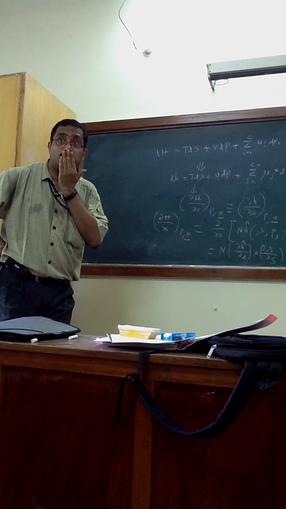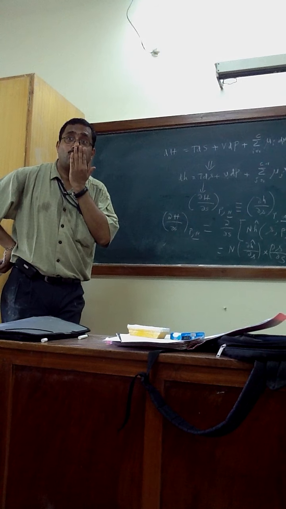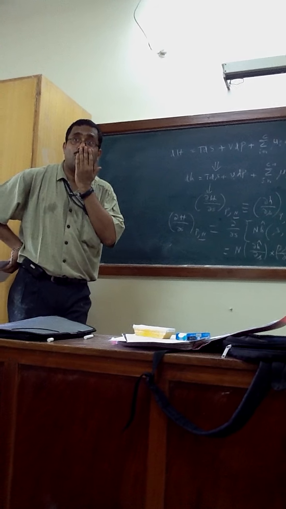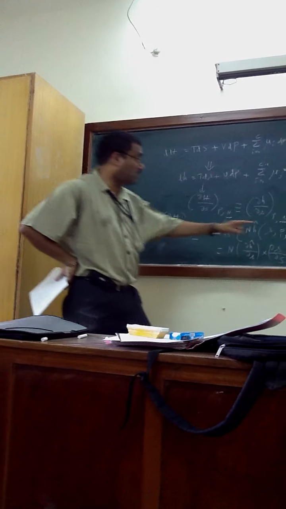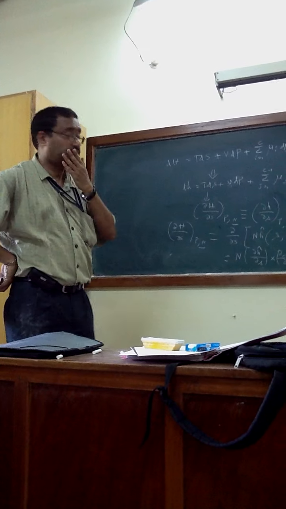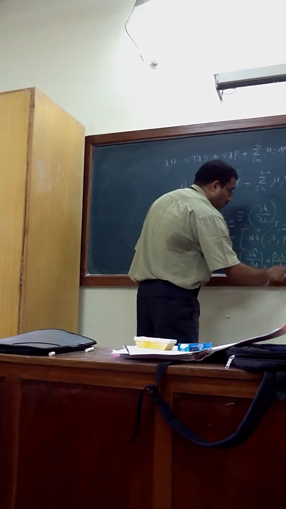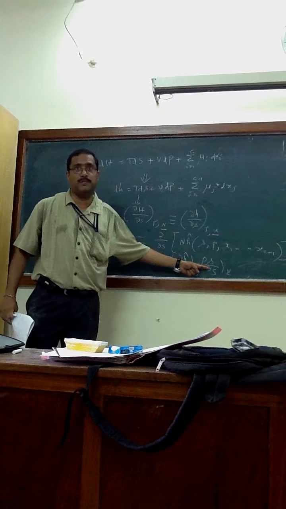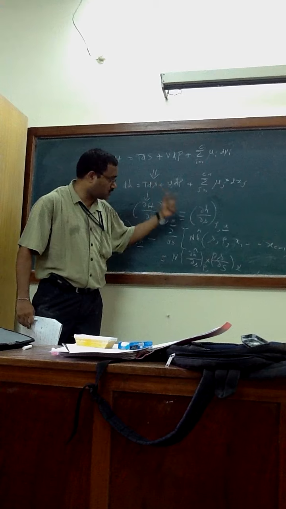What are the plus terms? It should be like dou h multiplied by dou p. p is constant. So p will be here, and dou s by dou S, n is constant, as we have done, and small s is capital S by n, n is constant.